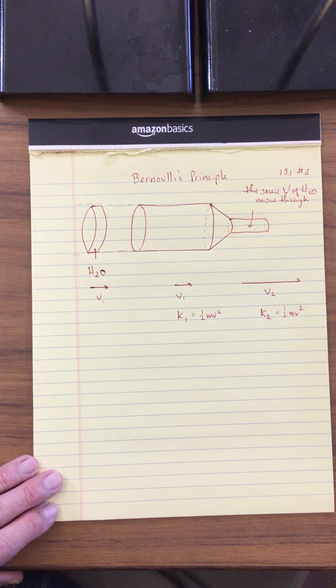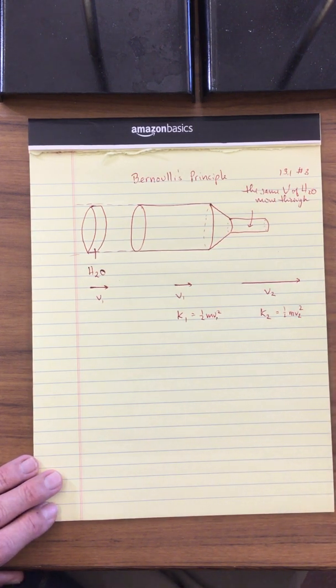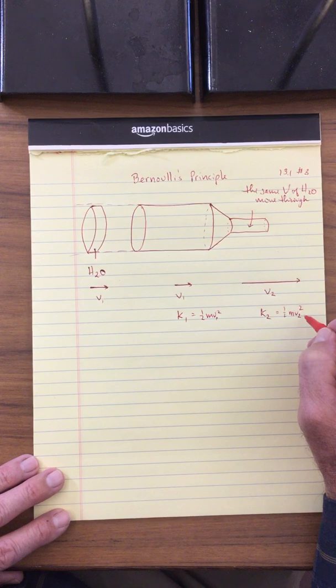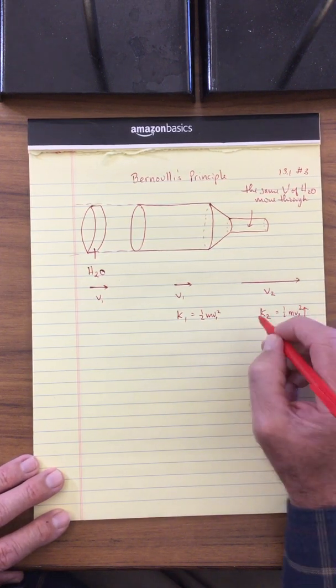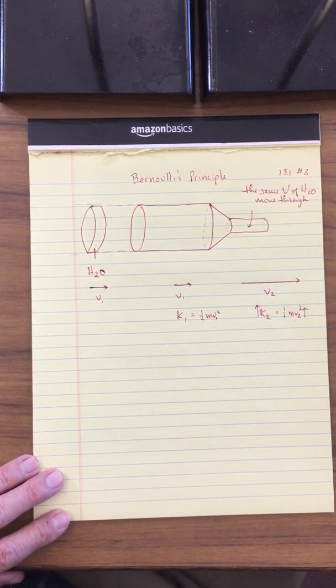But if you take a look at the final volume, here's the initial volume here, here's the final volume here. And since we've increased the velocity, we're increasing the kinetic energy.